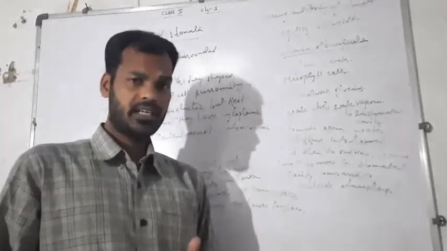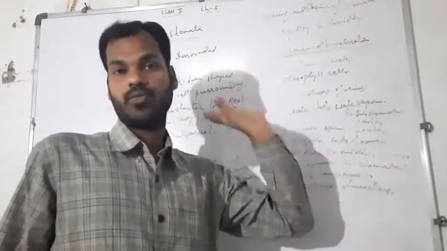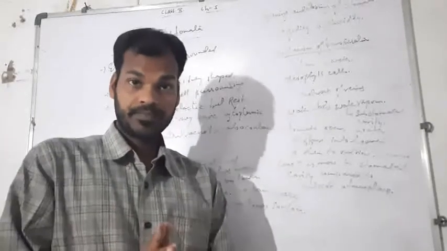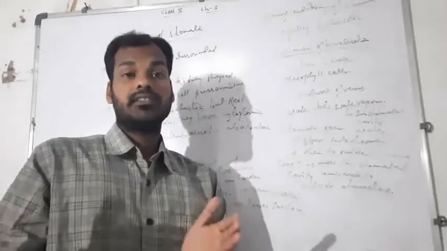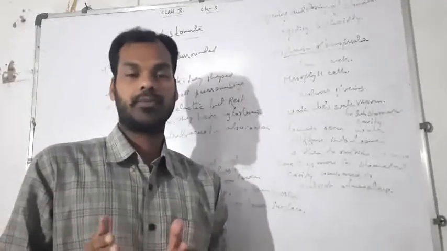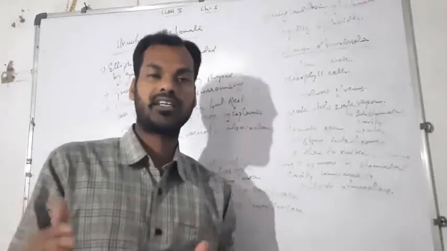Turgidity: when the cell absorbs water, it bulges outward, and this outward bulging creates a space between the outer and the inner surface.